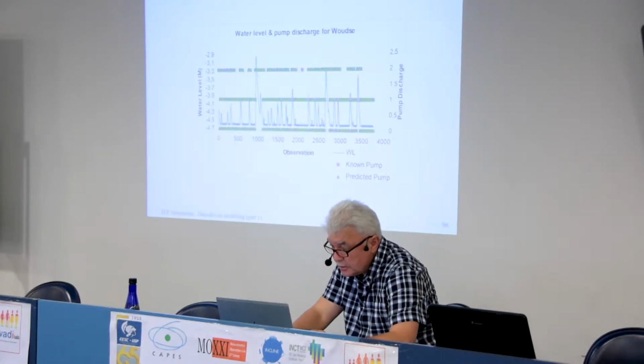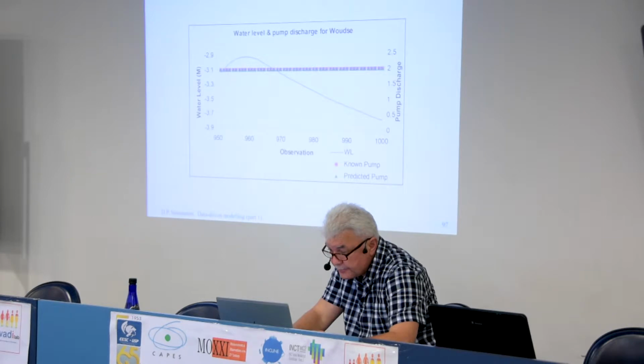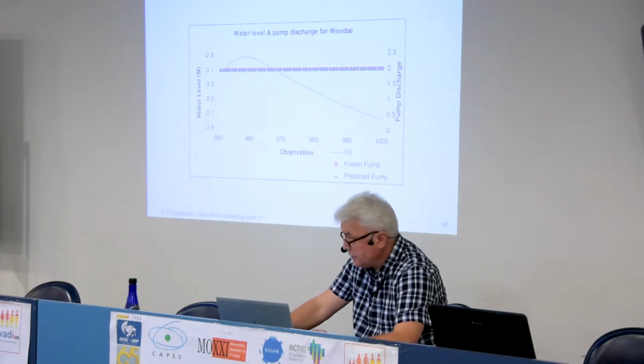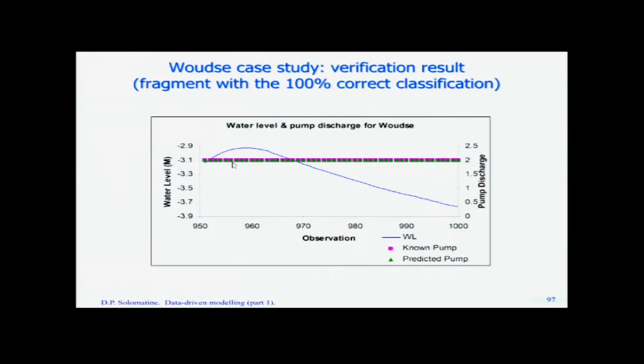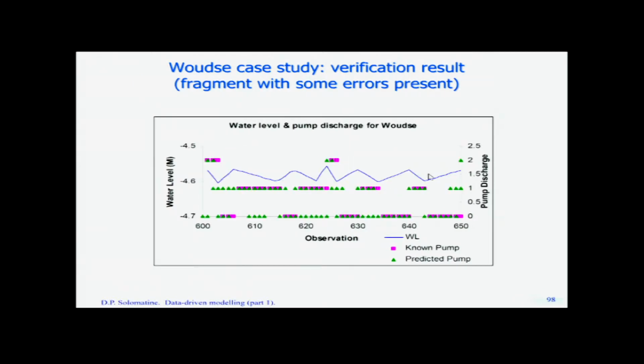So now we tested it, of course, so this verification. This is a fragment when 100% correct classification was done. You see, green and pink known pump status and predicted pump status are exactly the same in this fragment. However, if we looked at another fragment, it's not always the case.